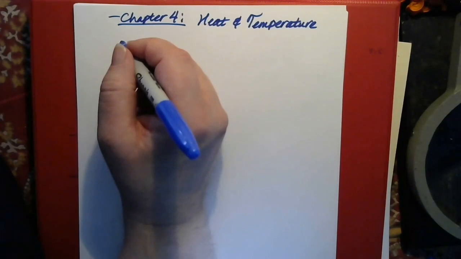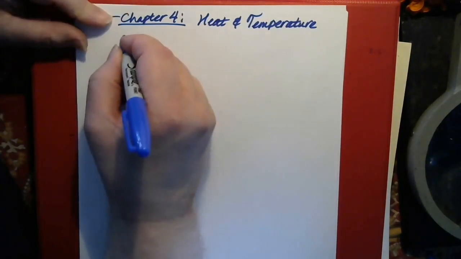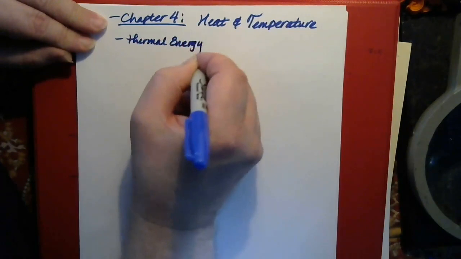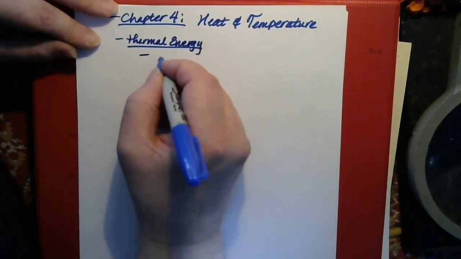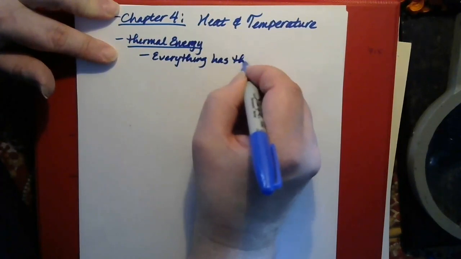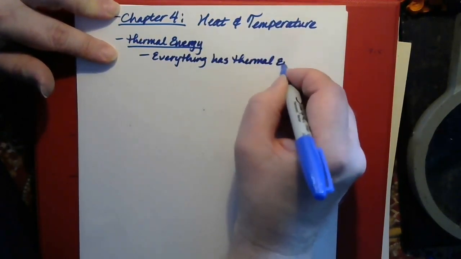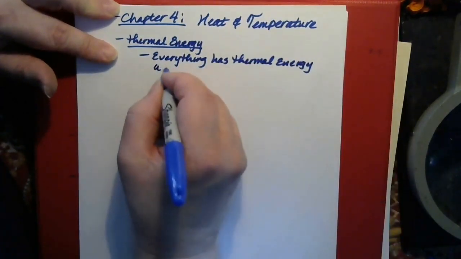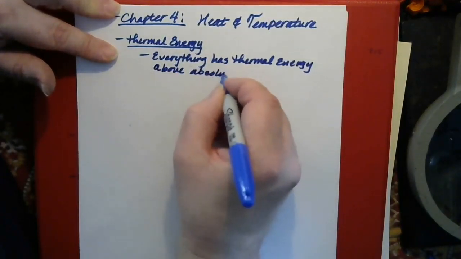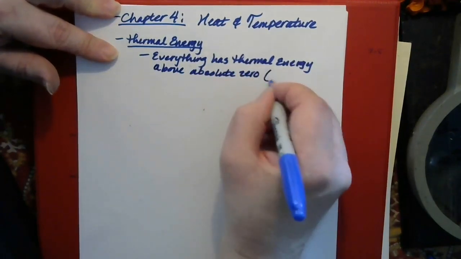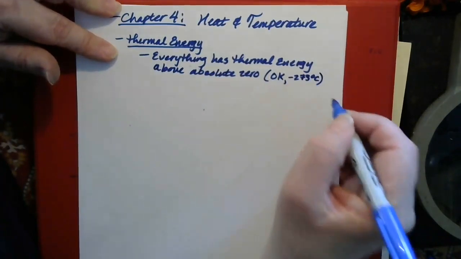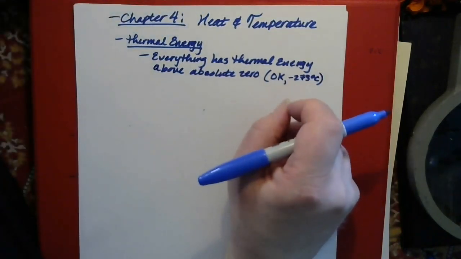Basically, heat is related to the idea of thermal energy. And as we mentioned in the last chapter, everything has thermal energy above absolute zero, which is 0 Kelvin or negative 273 degrees Celsius or negative 459 degrees Fahrenheit.